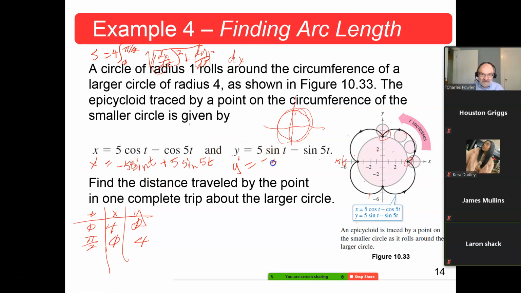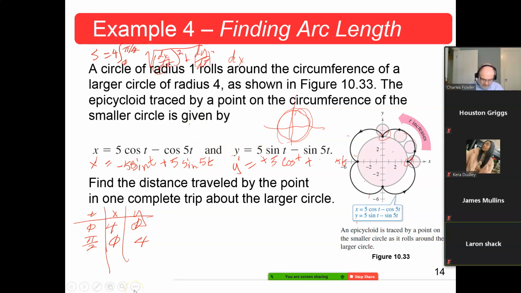Minus 5 times the cosine of t, minus, or plus, wait. I'm getting so confused now. It's positive 5 times the cosine of t. The brain's not working. Sorry, folks.